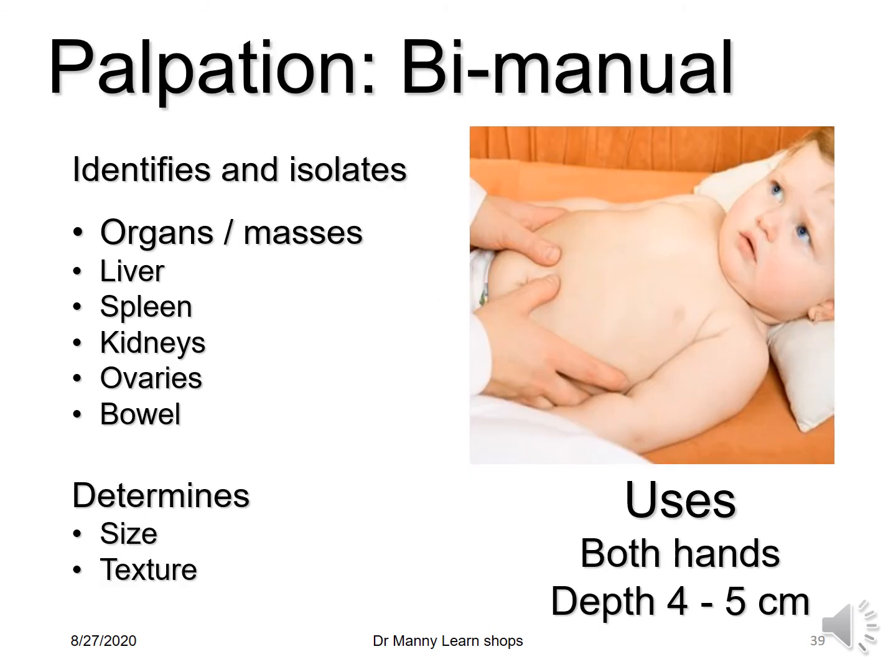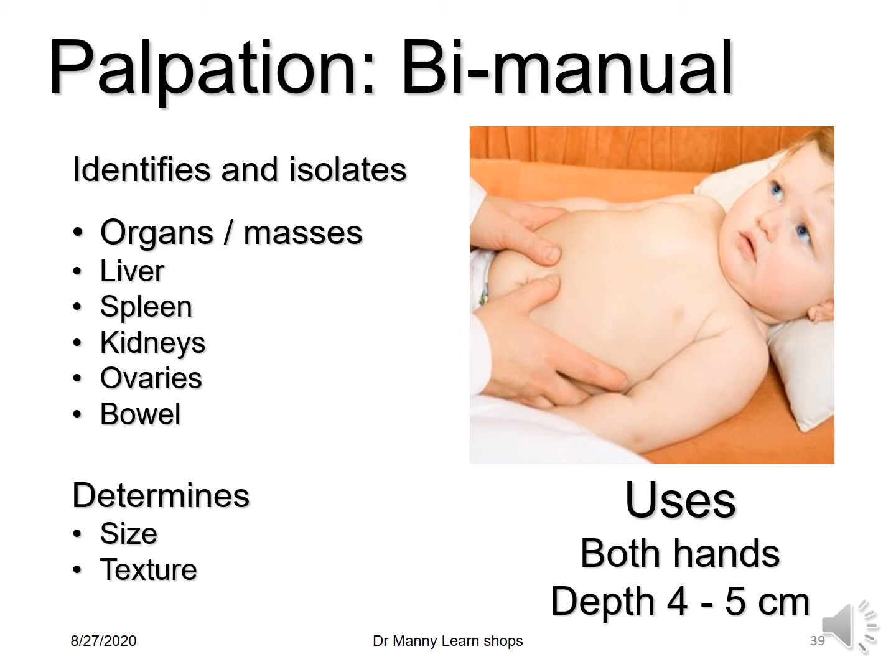Palpation can also be bimanual, using 2 hands. And this gently pushes into a depth of approximately 4 to 5 centimeters. And this is to identify and isolate organs or masses that involve the liver, the spleen, the kidneys, the ovaries, the bowel.